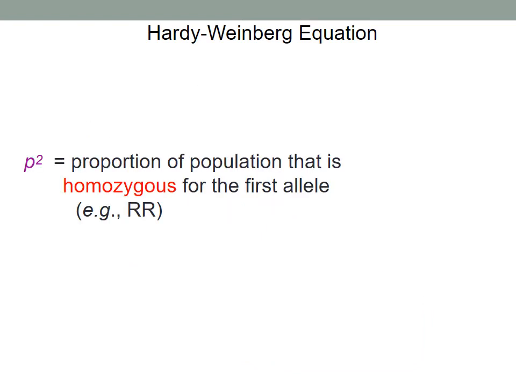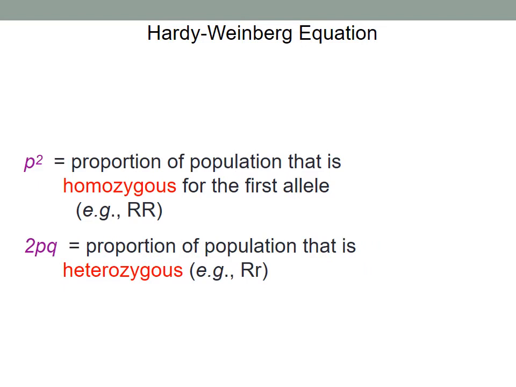And before we do, just a couple more things about your equations, just so you can use these as reference slides to come back to. So that P squared is your population that is homozygous for the first allele, usually the dominant one. 2PQ, that one is your heterozygote. It has both the P gene and the Q gene.